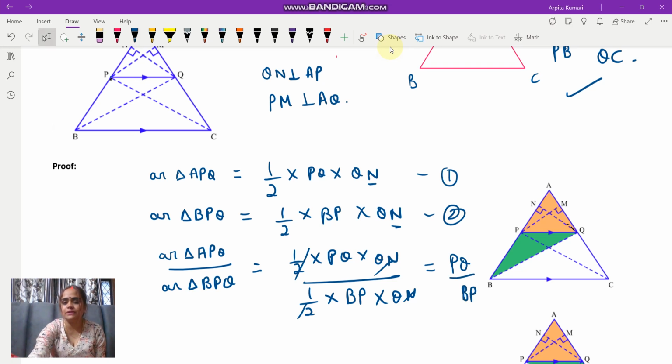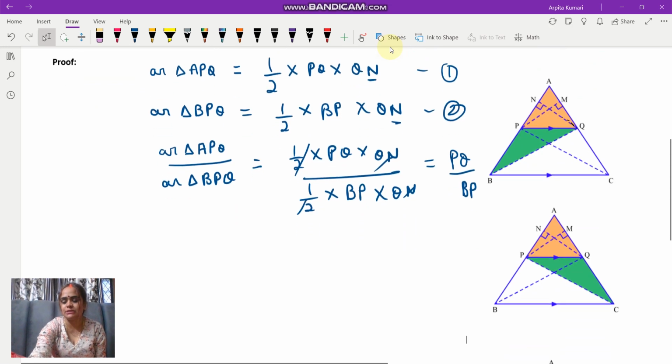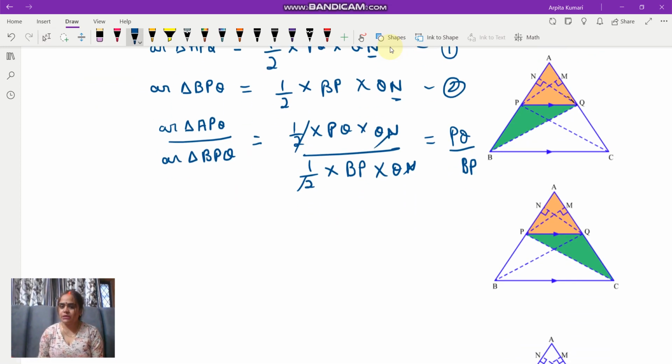Now again we will take another two triangles, as you can see in the next figure, APQ and PQC. The area of PQC would be: the base is QC and the height is PM this time.